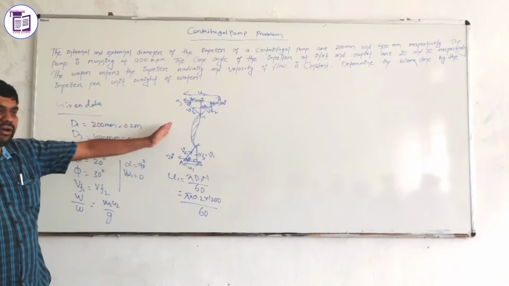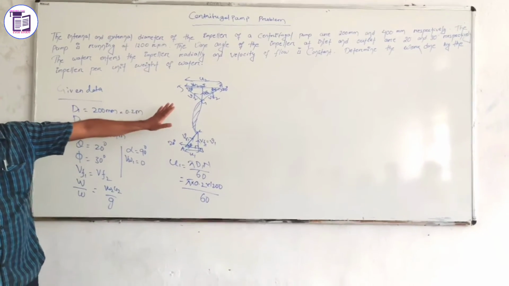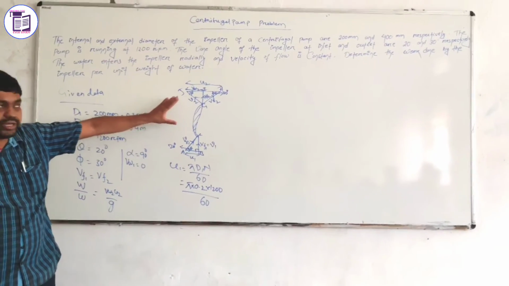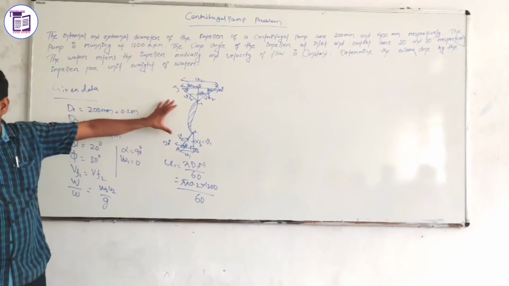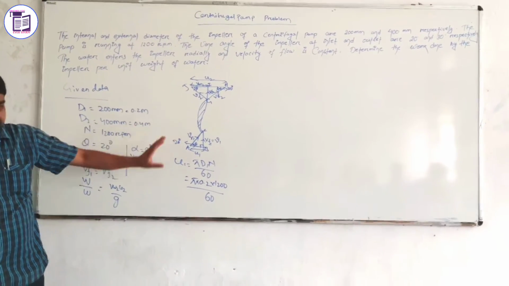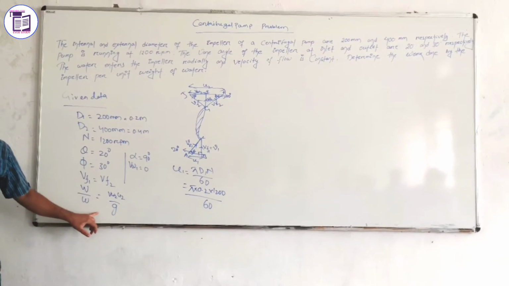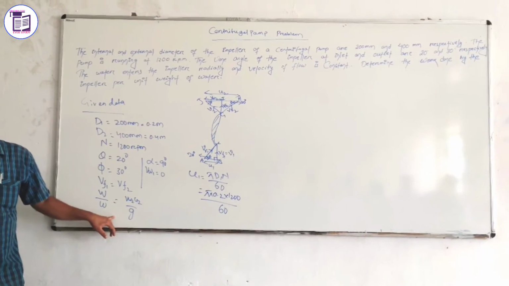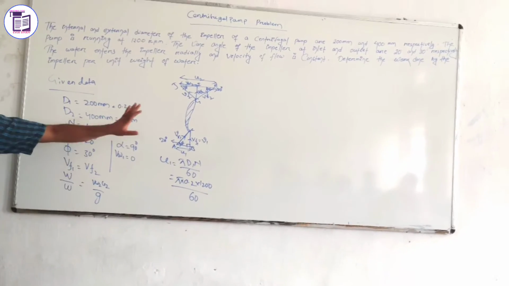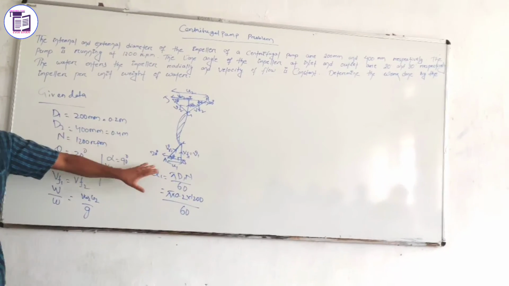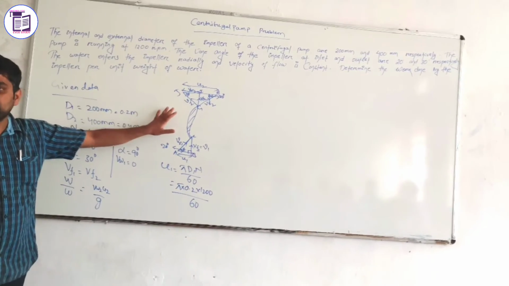This is the backward curve vane. You already discussed this diagram and the triangles in the previous video. From the velocity triangle you can determine the value of Vw2, because it is not given in the data. You can find U2 and U1 from the given data, but you can't find Vw2 without the velocity triangle diagram. So using the velocity triangle diagram we can find this value.